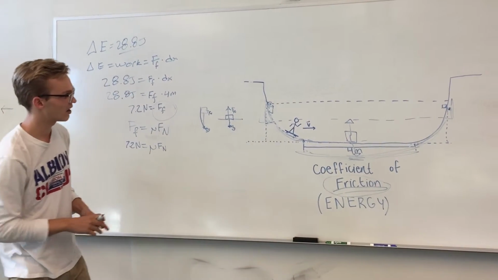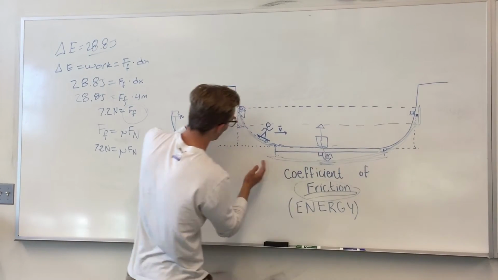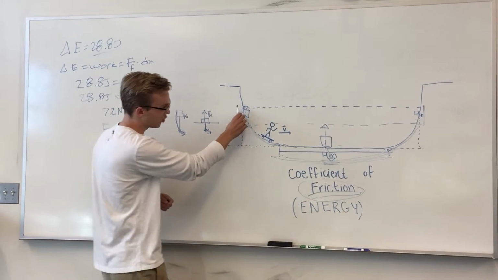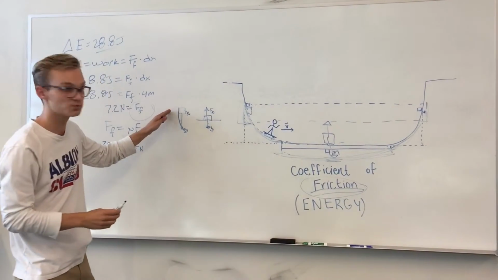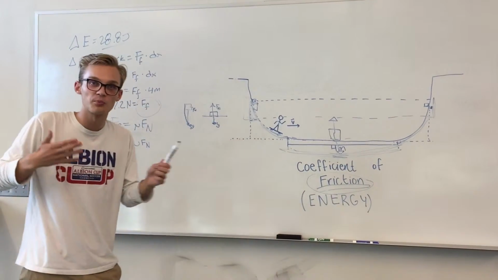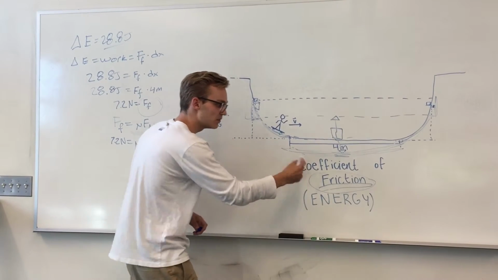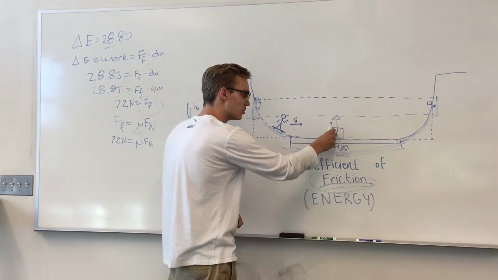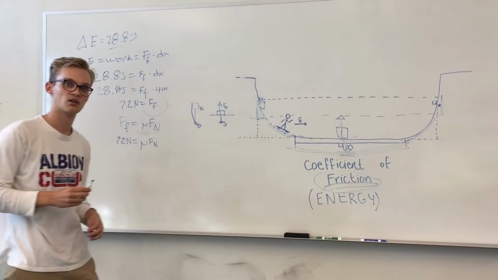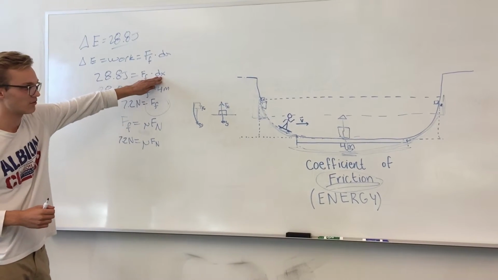So if we compare the amount of time that he spends on level ground to how much time he spends here, and realize that the normal force over here is going to be so small compared to the normal force when he's on level ground, we can approximate and say that he's going to lose 90 to 95% of his energy to friction when the normal force is greatest, when he's in these 4 meters, right? And that's why we used 4 meters as our distance traveled, right?